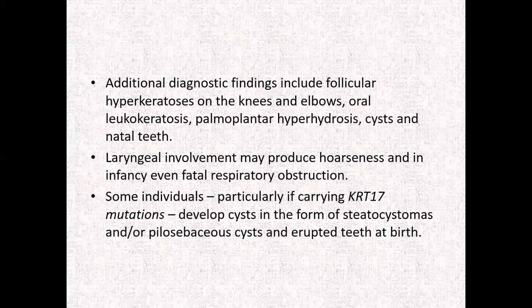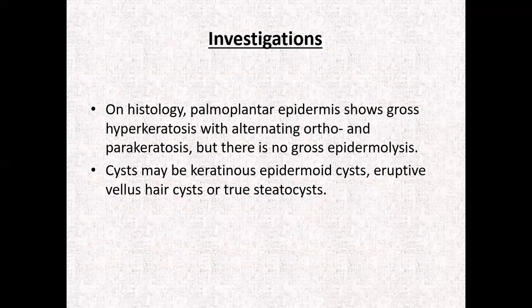Laryngeal involvement may produce hoarseness in infants and even fatal respiratory obstruction. Some individuals, particularly those carrying the keratin 17 mutation, develop these steatocystomas. And this is a feature of type 2 Pachyonychia congenita.